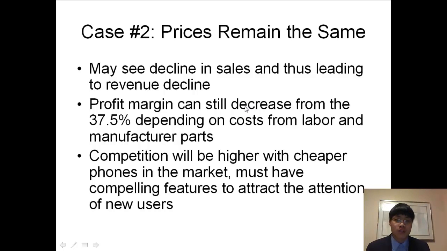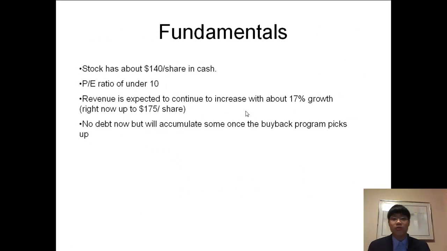The profit margin can still decrease from that 37.5% if labor goes up in China as well as manufactured parts. I think that is still an area of concern, and that may be a reason why they do not want to lower the price that they're at.